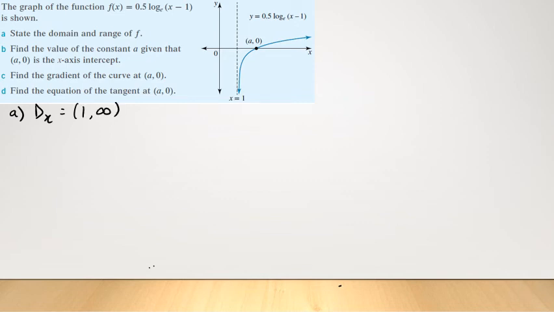Now just keep in mind that that is an asymptote, so it will never cross. That's what that dotted line means. Our range is all real values because it goes from negative infinity all the way up. B, find the value of the constant A, given that A, 0 is the x axis intercept.